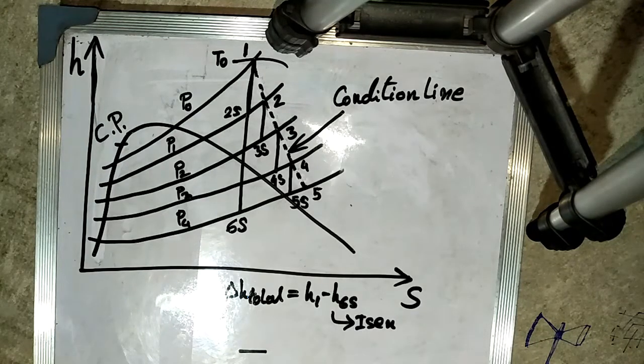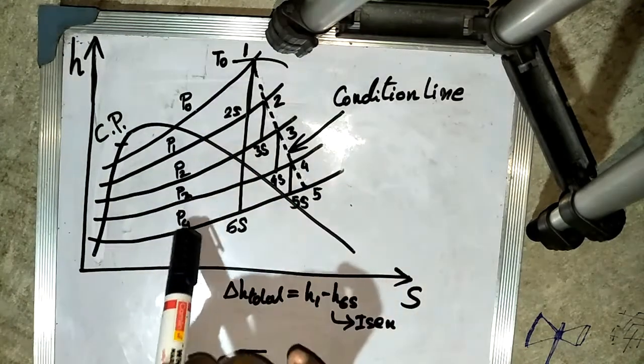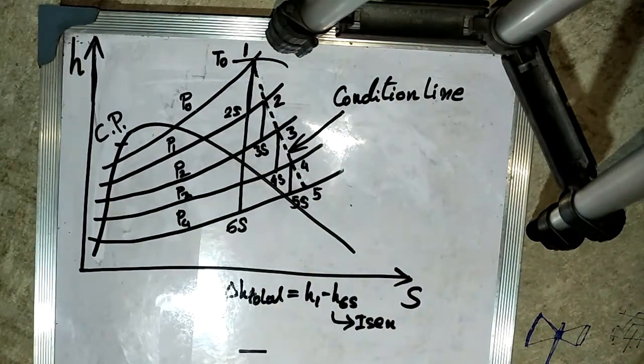In the Mollier diagram, the interstage pressures P1, P2, P3 are noted, with P0 and P4 being the boiler and condenser pressures respectively.